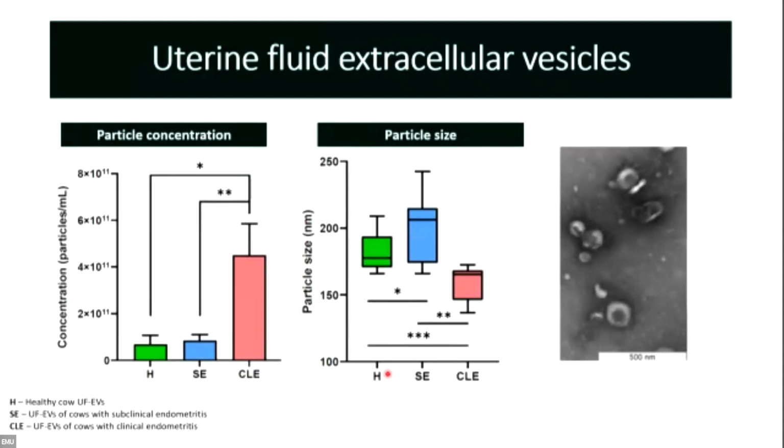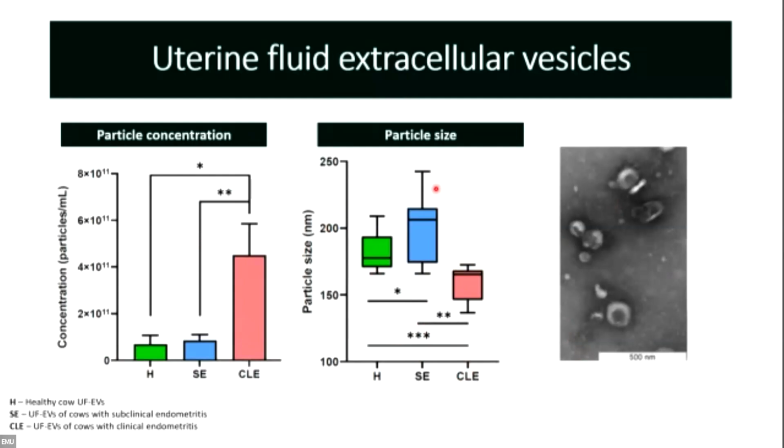Afterwards, these EVs were subjected to nanoparticle tracking analysis, where we could see that the concentration of particles in clinical endometritis is significantly higher compared to the healthy cows, as well as those with subclinical endometritis. Looking at the particle size measurements, we could see the opposite: the clinical endometritis average particle size was significantly lower compared to those acquired from the healthy cows and those acquired from subclinical endometritis.